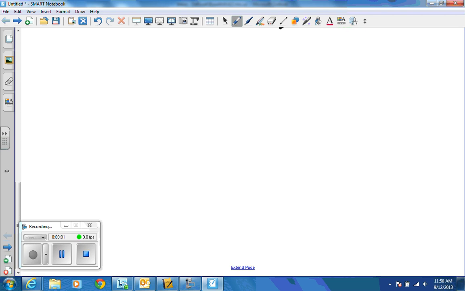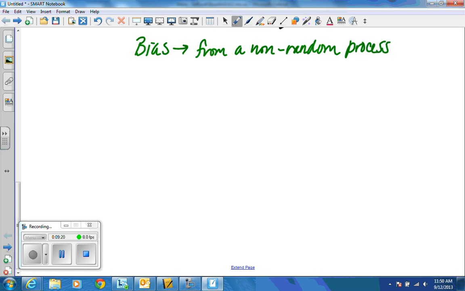Okay. 8. Bias. Okay. So basically, when you think of bias, you should think of things happening from a non-random process. So on 8, it's saying bias in the sampling method is what?